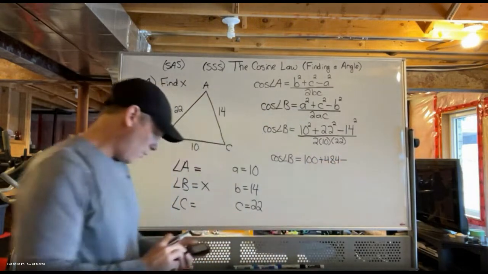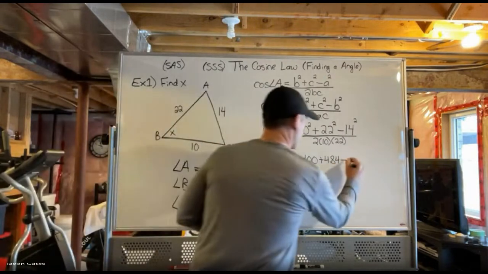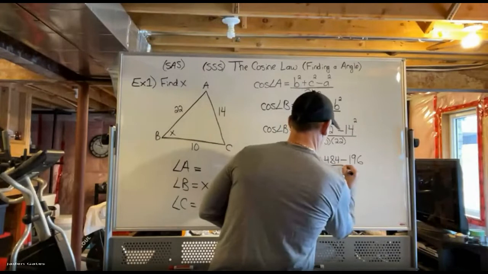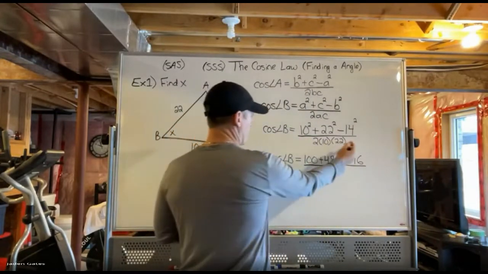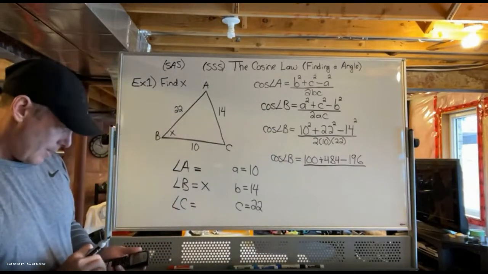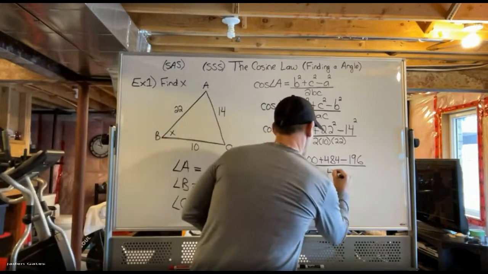Minus 14 squared, and I end up with 196. And then, of course, I've got my bottom there, which I can figure out. It's just a bunch of multiplying going on. 2 times 10 times 22, and I get 440.